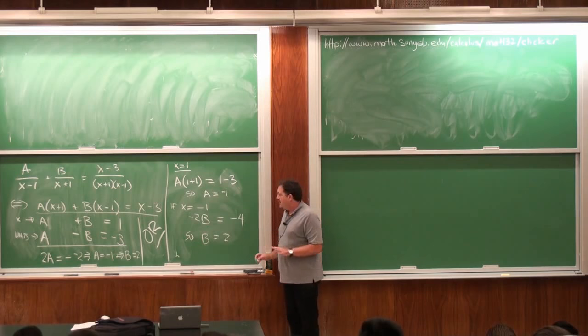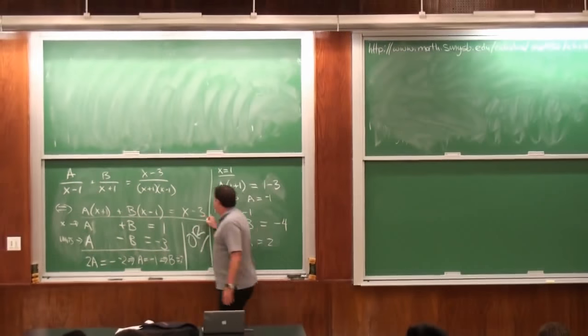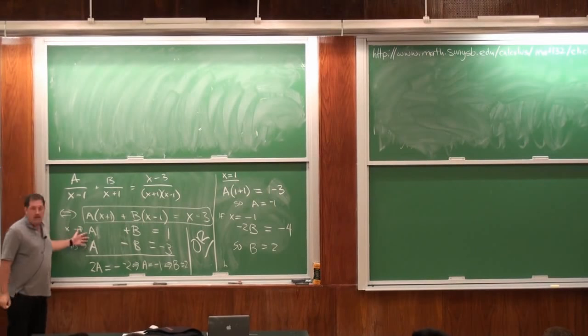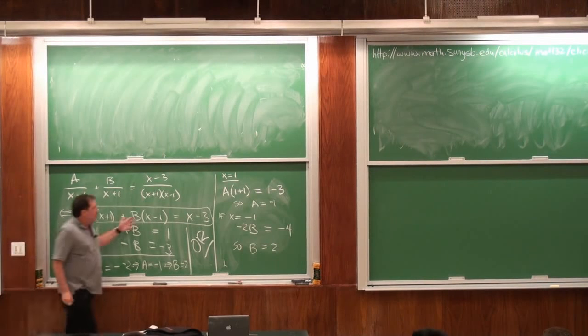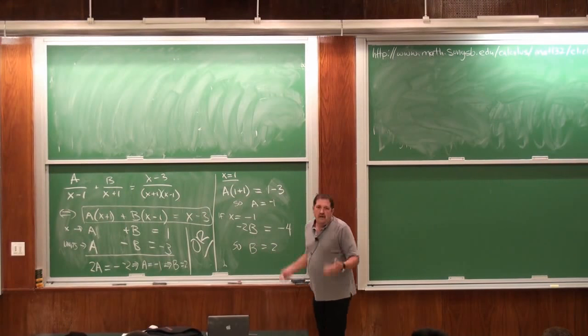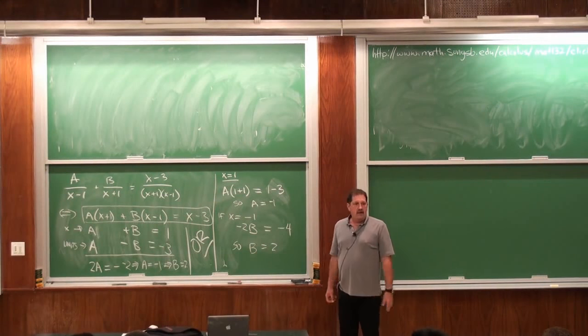What's making them work is exactly the same fact, which is that this equation has to hold for all values of x. So either you can equate coefficients, or you can pick suitable values of x, and whichever one makes you happy is fine, because they're really the same.